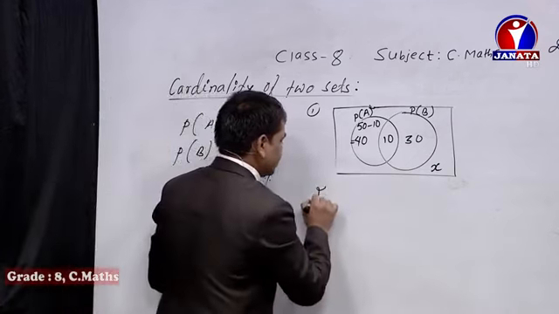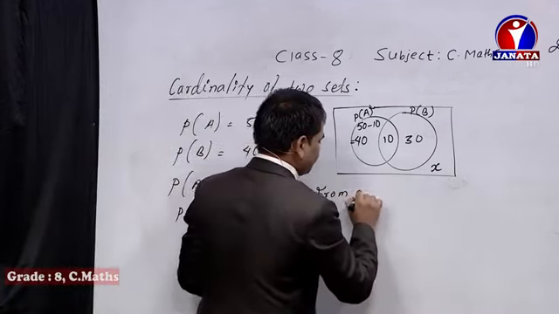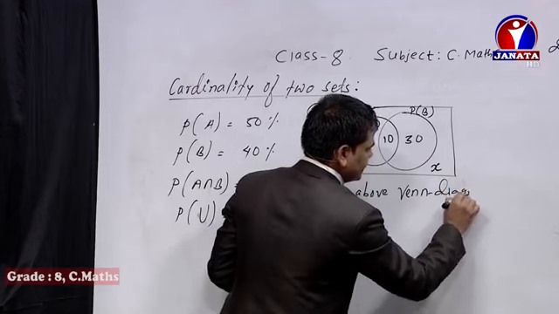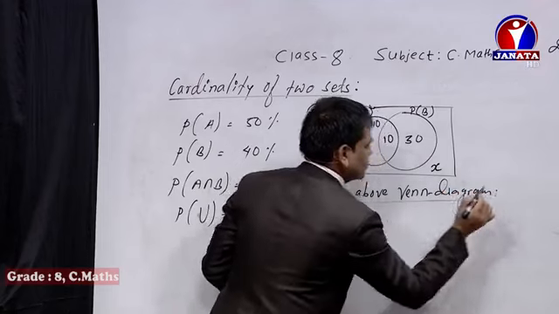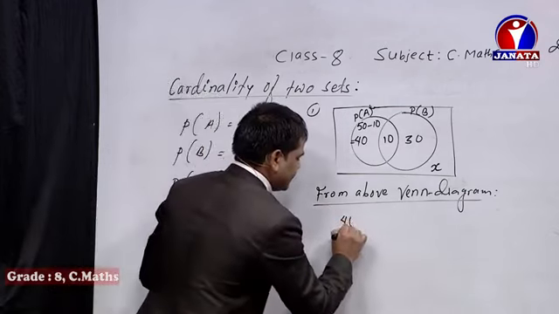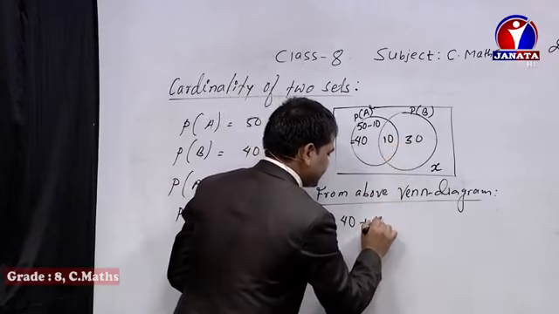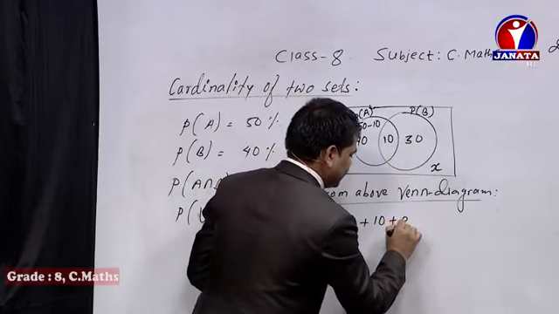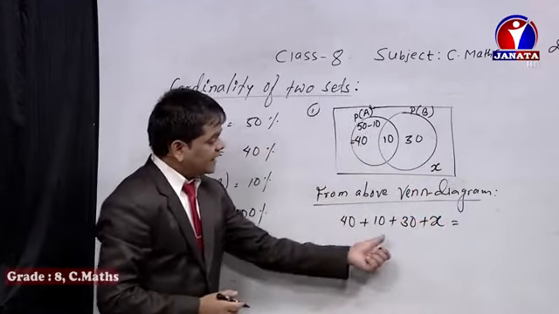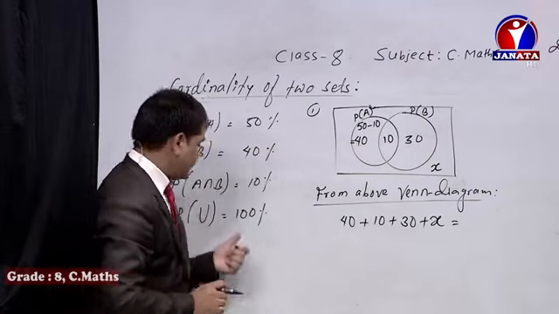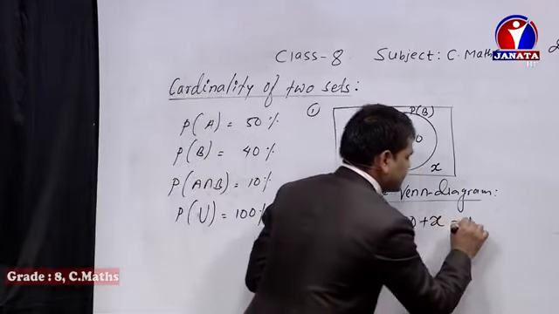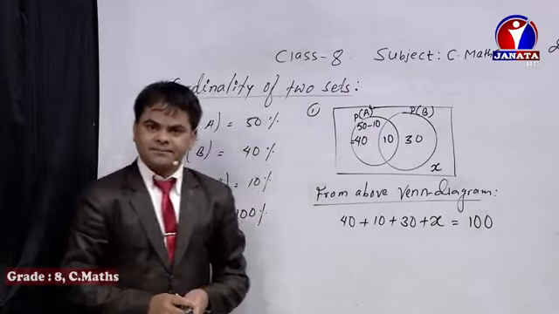So you can write here, in order to find the value of x from the above Venn diagram, so that you can solve by making an equation: 40 plus 10 plus, now the value of b only, 30 plus the complement part x must be, by adding all together, 100, because the total percent in any case becomes 100%. So here we write the universal set as 100.